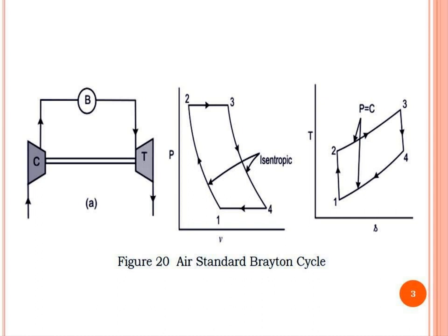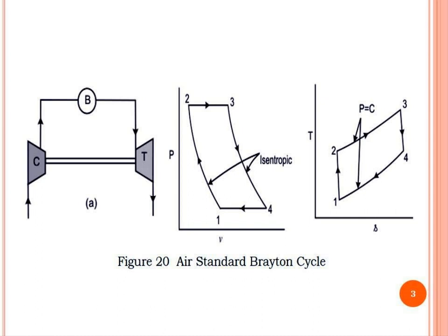So actually the process 4 to 1, which you see in the PV diagram as well as the TS diagram, is not actually available because it is an open cycle gas turbine power plant. Air is sucked in and exhaust gases are thrown out. In the schematic diagram, you can see the compressor and turbine are connected with a common shaft.